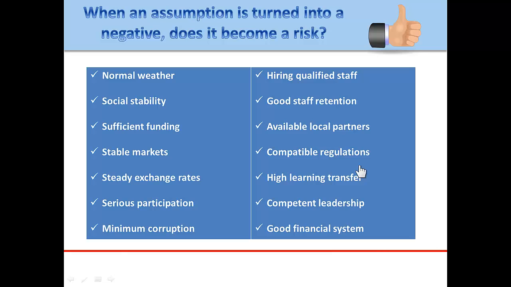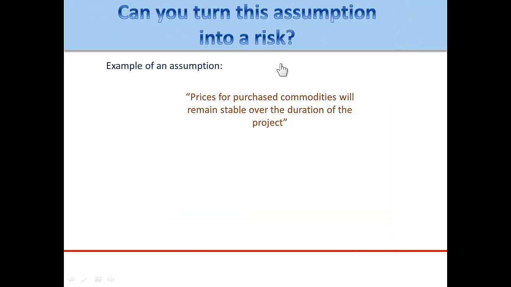By turning each assumption into a negative, another tool, the risk register, is automatically launched and will be ready to be managed. Just to be completely sure that you understand the linkage between assumptions in the log frame and the beginning of the risk register, I'd like to start by asking a question.